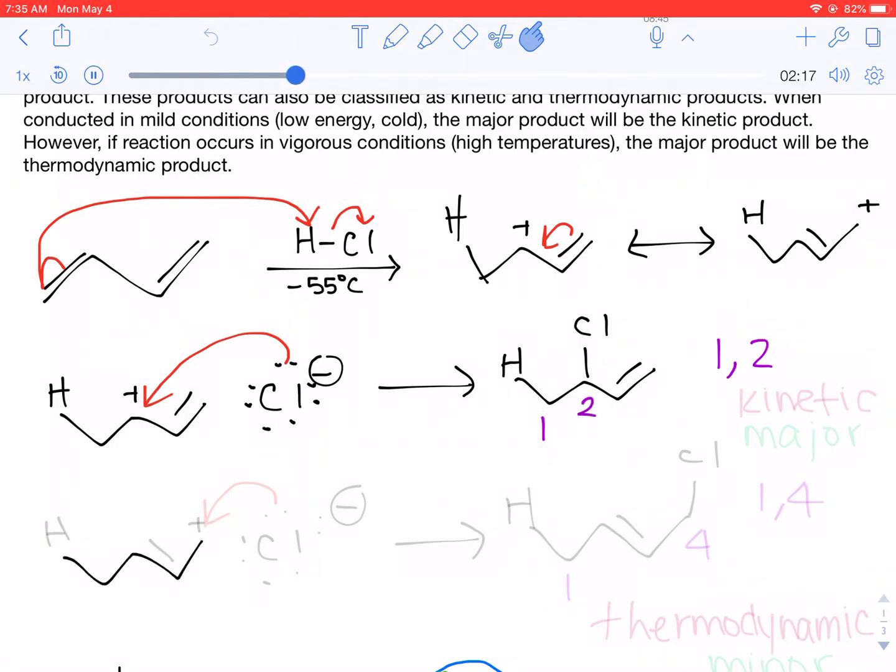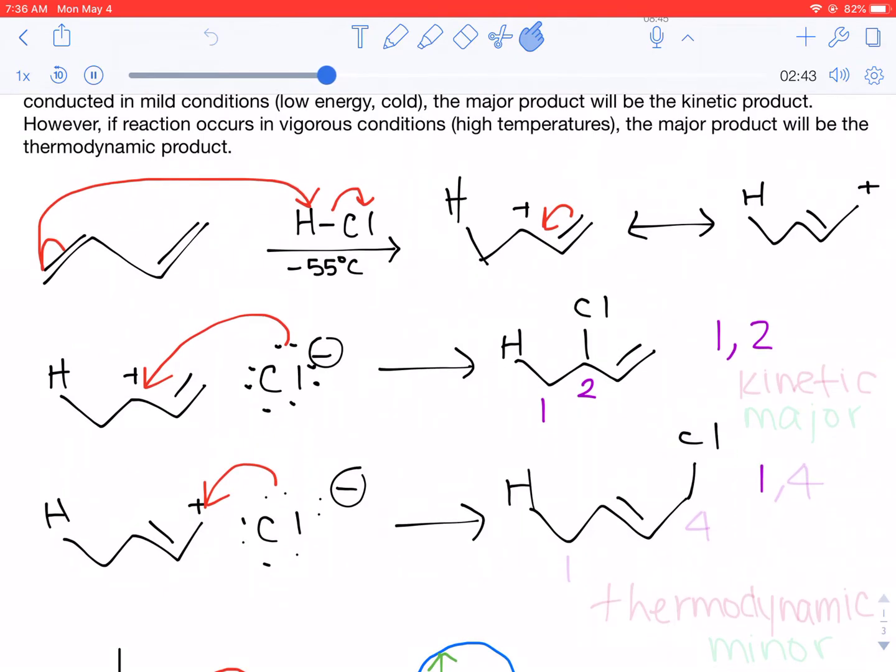Using the second carbocation that we got from resonance, the same chlorine ion can be used and the electrons from that chlorine ion will attack the positively charged carbon, like we did before, to form this product, which would be considered the 1,4 product, as the hydrogen added to the first carbon and the chlorine added to the fourth carbon.